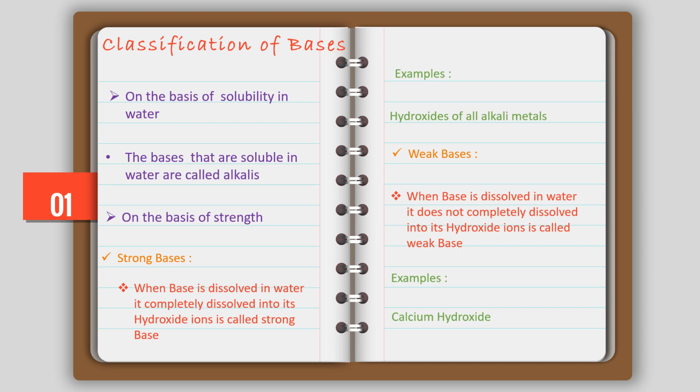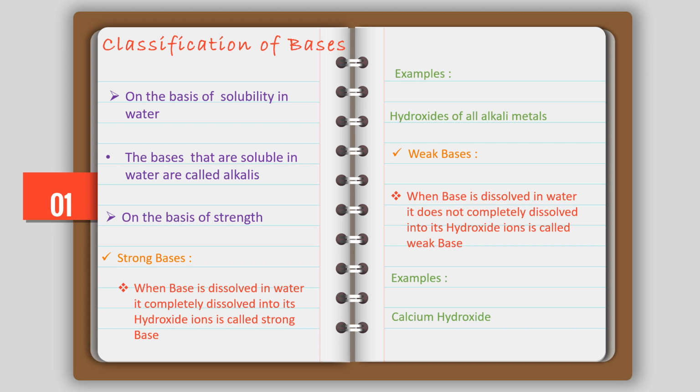Classification of bases. As we have seen in the earlier classification of acids, the same process applies to the classification of bases, but we will discuss it on the basis of solubility in water. When bases are dissolved in water, they are called alkali.